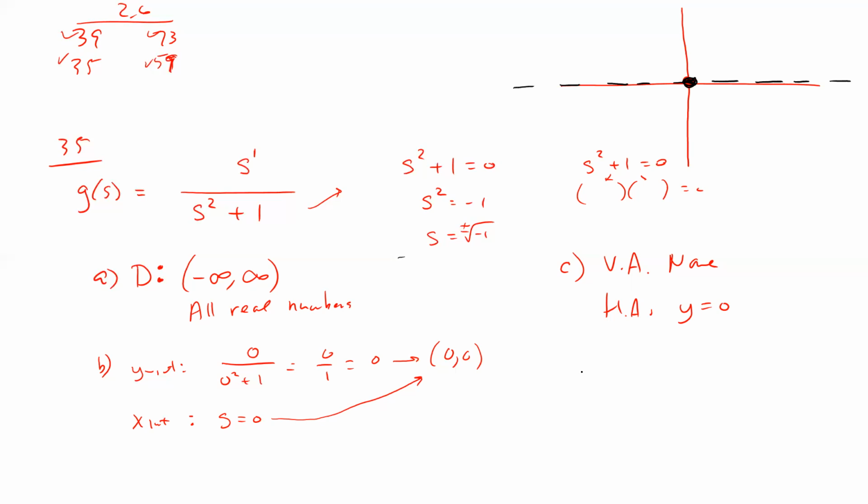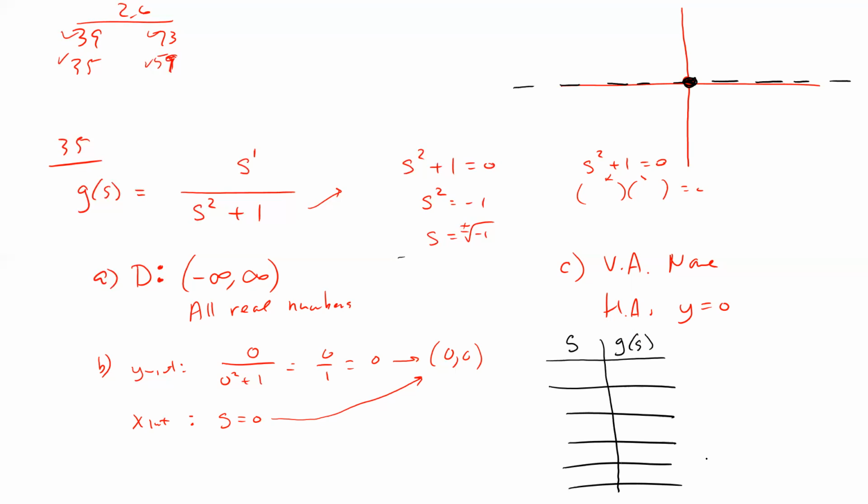And so if you're totally stuck, you got to go back to our algebra 1 stuff with tables. So I got S and then I got G of S. And we go from there. So easy ones to put in maybe, like I'm going to go -2, -1. We already know what 0 is. So 1, 2, and then maybe 3.